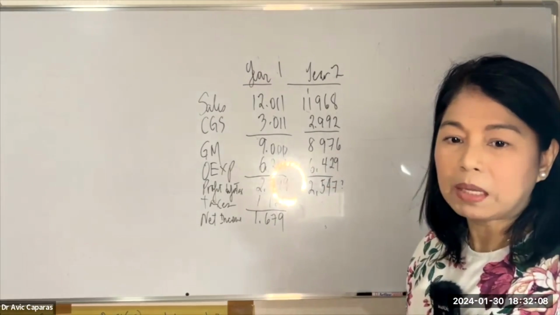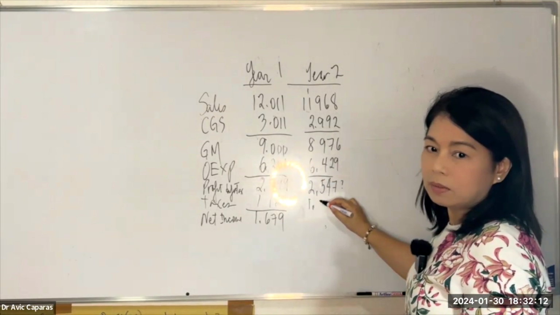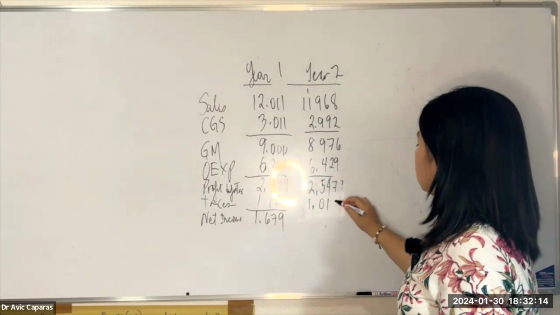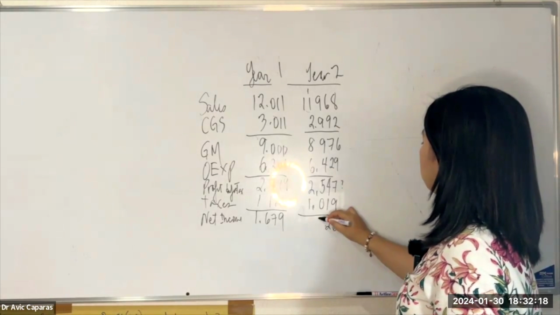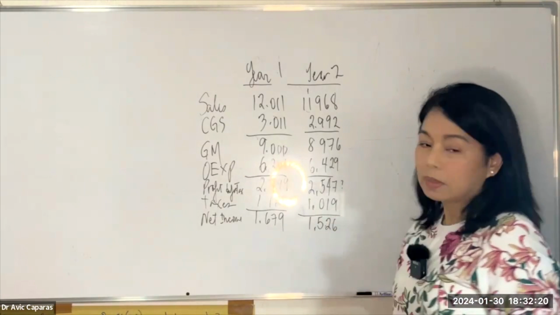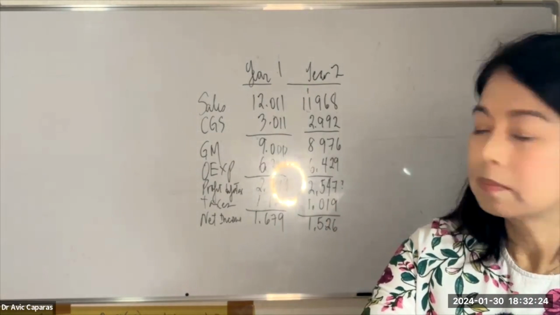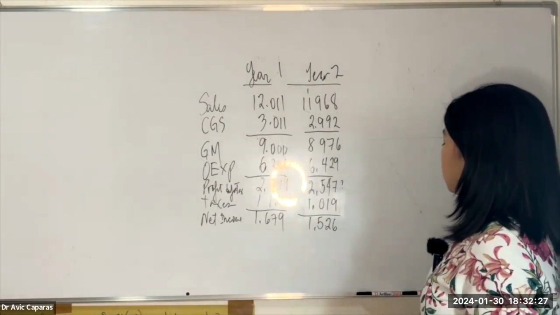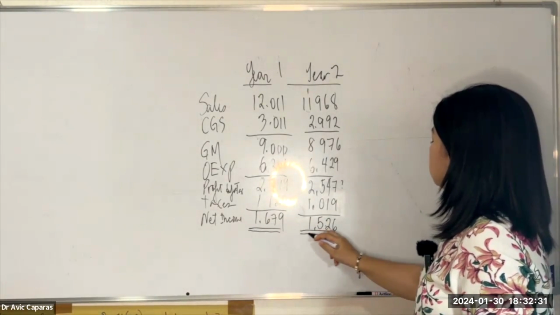Just tell me if I make a mistake. Then minus, this is given 1,019, 17, 6, 3 minus 1, 2, 5, 1. Okay, very good. Remember double rule.